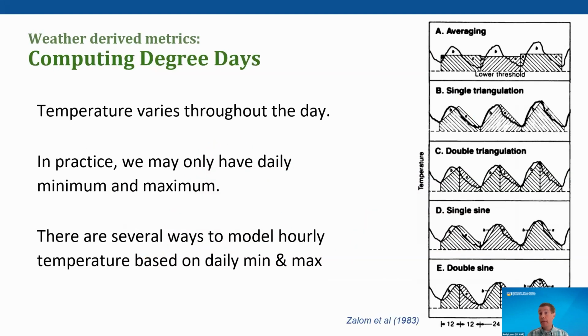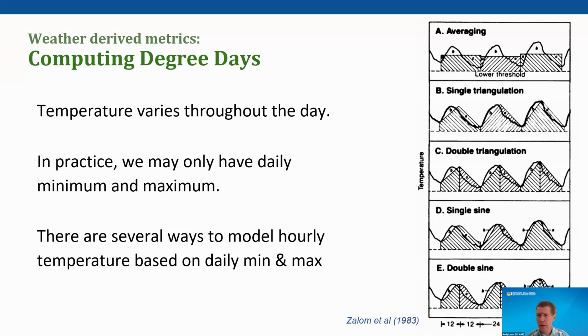Now, that being said, there are a lot of variations. Here are some of the other methods that researchers have come up with to go from minimum and maximum daily temperatures into a more nuanced measure of temperature within that day. You're going to see these method names: single triangle, double triangle, single sine, double sine. We don't have to go into great detail here.